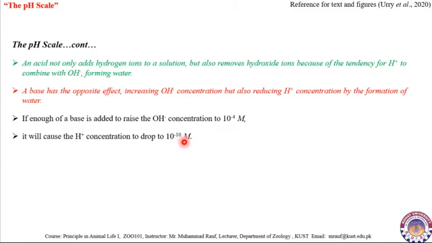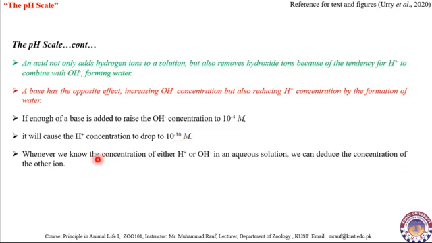As already stated, an increase in the hydrogen ions will bring a decrease to the same value in the concentration of hydroxyl ions. So whenever we know the concentration of either hydrogen or hydroxyl ions in an aqueous solution, we can deduce the concentration of the other ion.